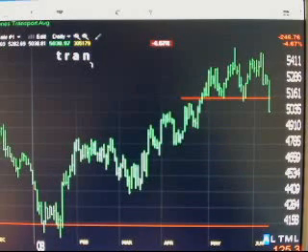The transports, our trusty old transports, finally gave way. This was our support for a couple of times. I want to mention this pattern once again. I did a comparison on this pattern to a pattern that looked similar to this 7 or 8 or 9 months ago, and I showed you how bearish it was.